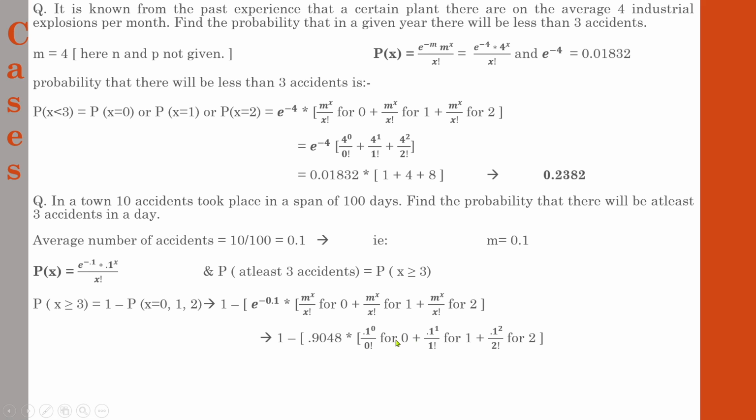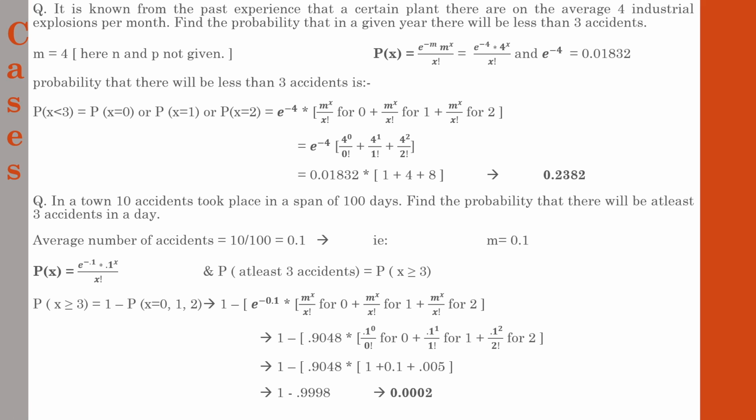Plus 0.1 raised to 1 divided by 1 factorial for the value 1. For 2, it will be 0.1 raised to 2 divided by 2 factorial. By solving that, you will get 1 minus 0.9048 into 1 plus 0.1 plus 0.005. You will get 1 minus 0.998 and finally you will get 0.0002.